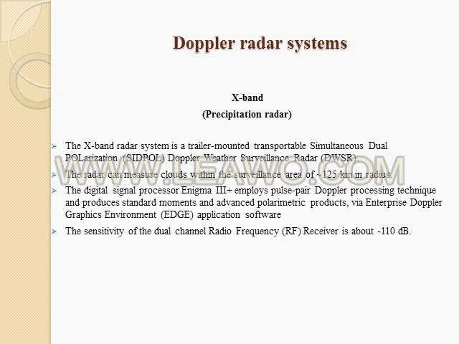The digital signal processor employs pulse-pair Doppler processing technique and produces standard moments and advanced polarimetric products via Enterprise Doppler Graphics Environment. That is the application software we are using over here.